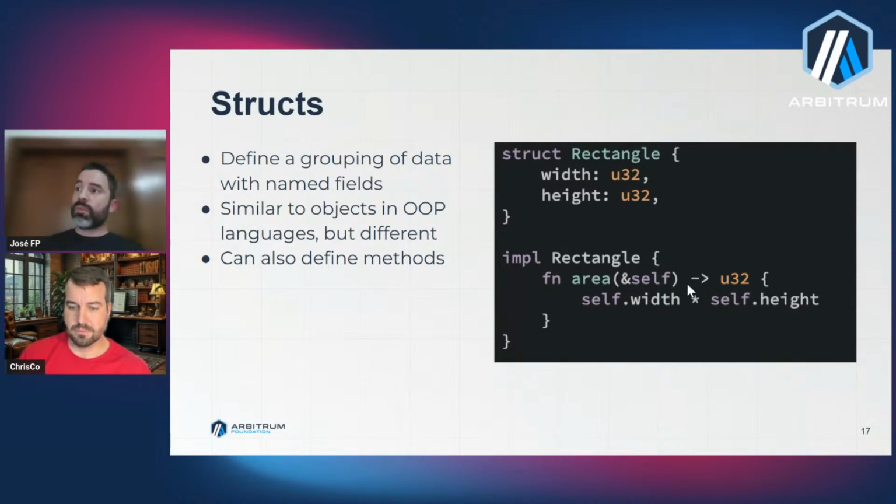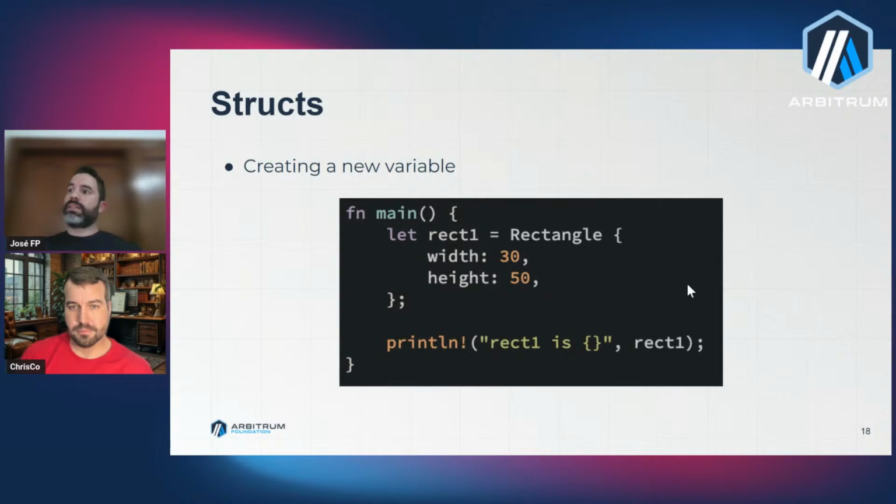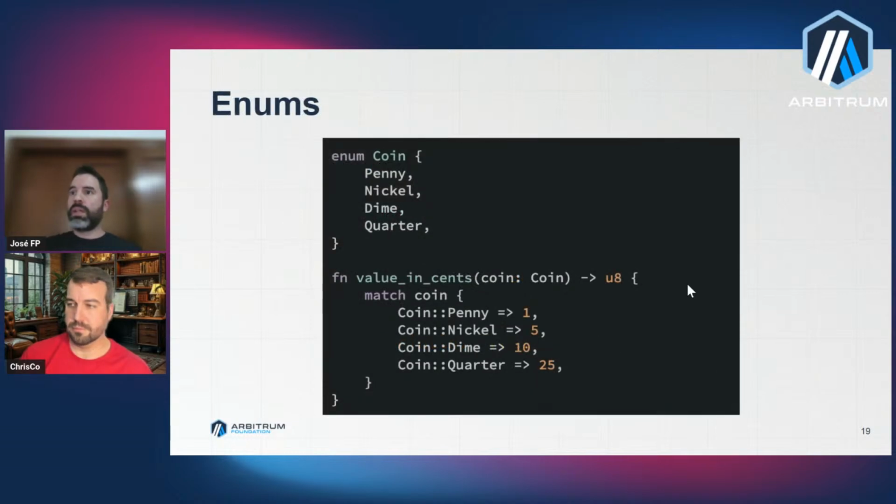And we define a method in the second part of the example using the impl instruction, impl Rectangle, and then we define the function area within that block, okay? This is an example also of how we create a new variable. In this case, we just use Rectangle, the name of the struct, and then pass the values for the fields that we want.